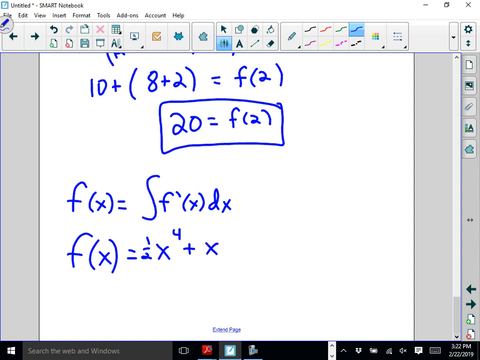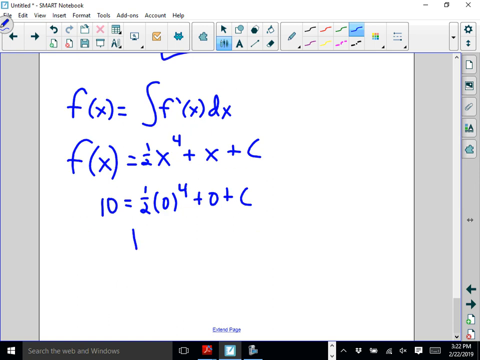I know that's true. And what I do know is that f of 0 equals 10. So plugging in 10 for my y value and 0 for my x value tells me that I get a c value of 10. So I know that the function f of x is half x to the fourth plus x plus 10.